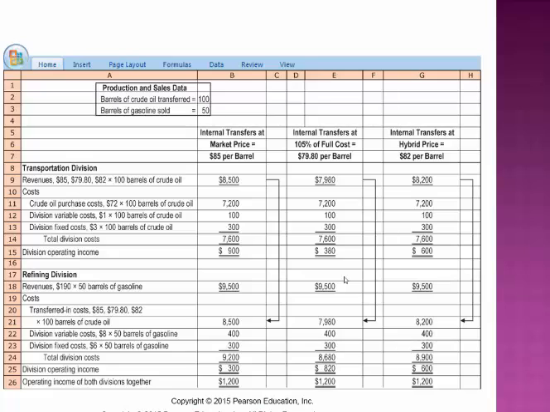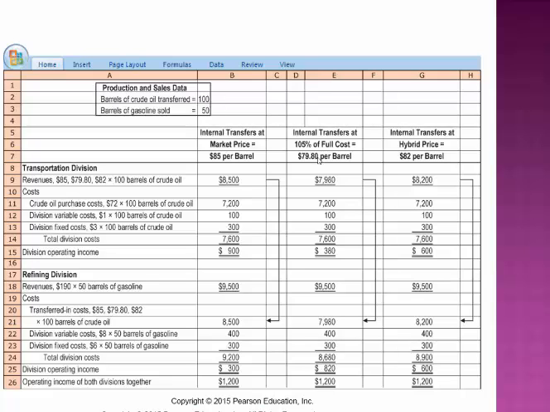Looking now at column E, what if for the transfer price we were instead going to use full cost plus 5%? How did we come up with this $79.80 for the transfer price?